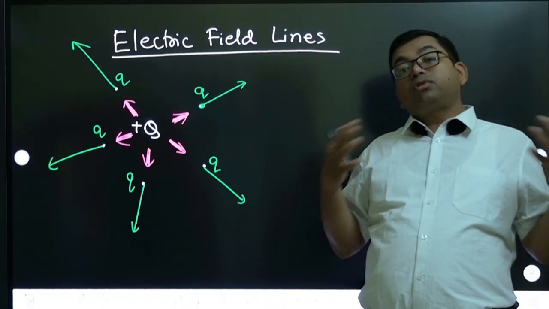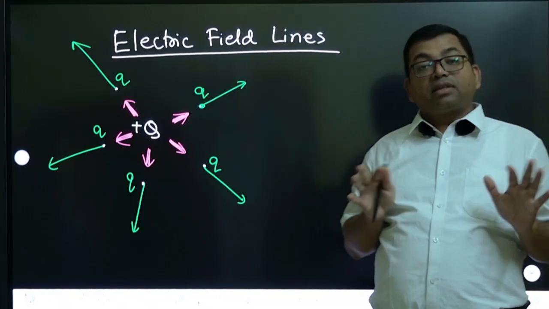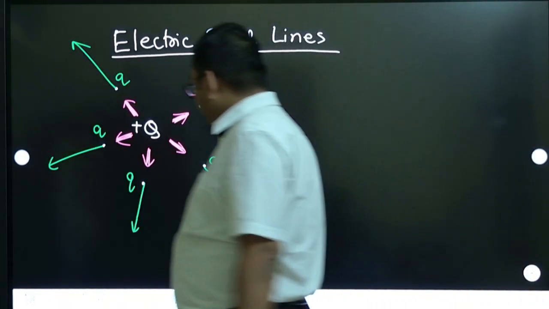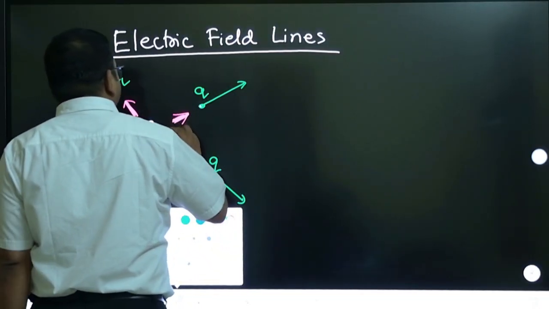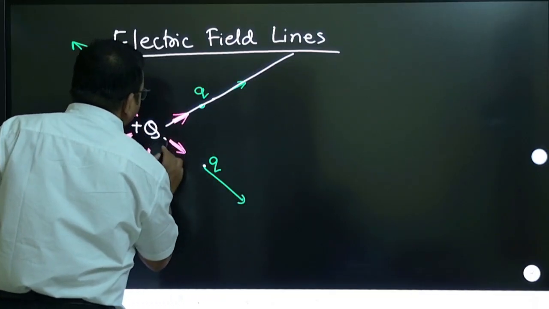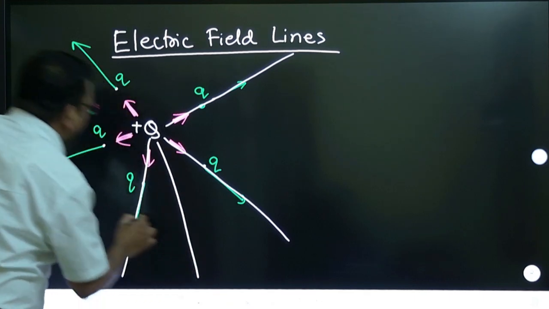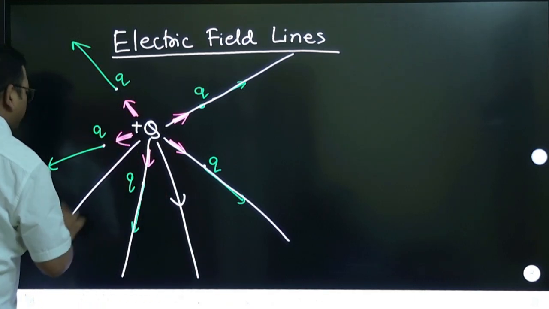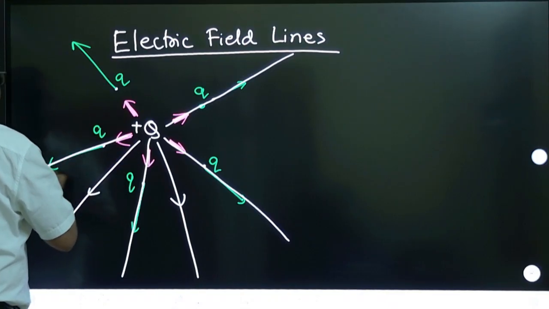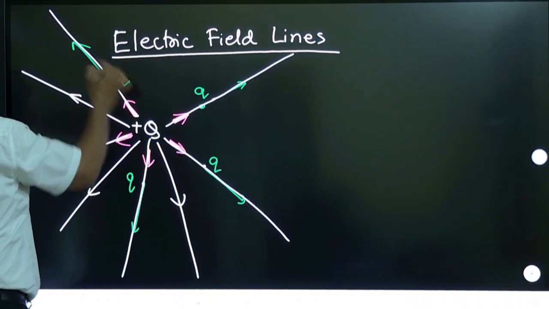If you go near, force is more, field is more; if you go away, force is less, field is less. So you can try to join a line like this, radially outward, and draw many lines with arrows.